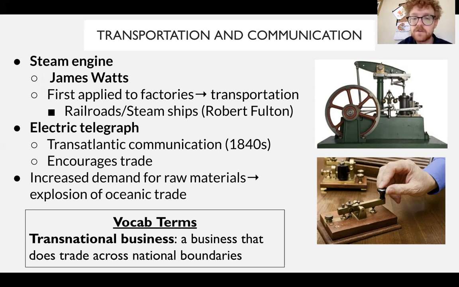And the ships we have to thank Robert Fulton for. But what's the overall impact of this? Well, the steam engine is not only changing where factories can be, but it's also changing how fast we can move raw materials, how fast we can move final products. And that's a significant change. A railroad can go up to 35 miles an hour. It's a little funny.